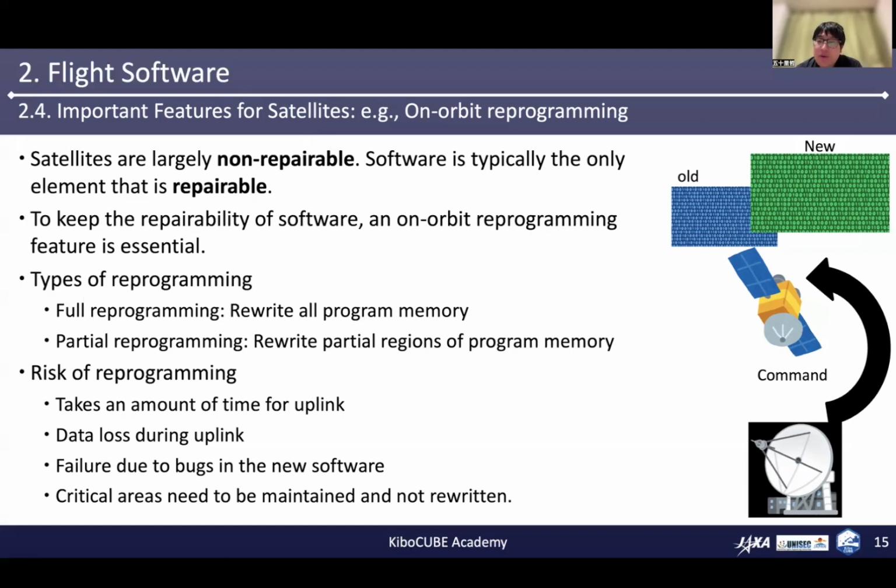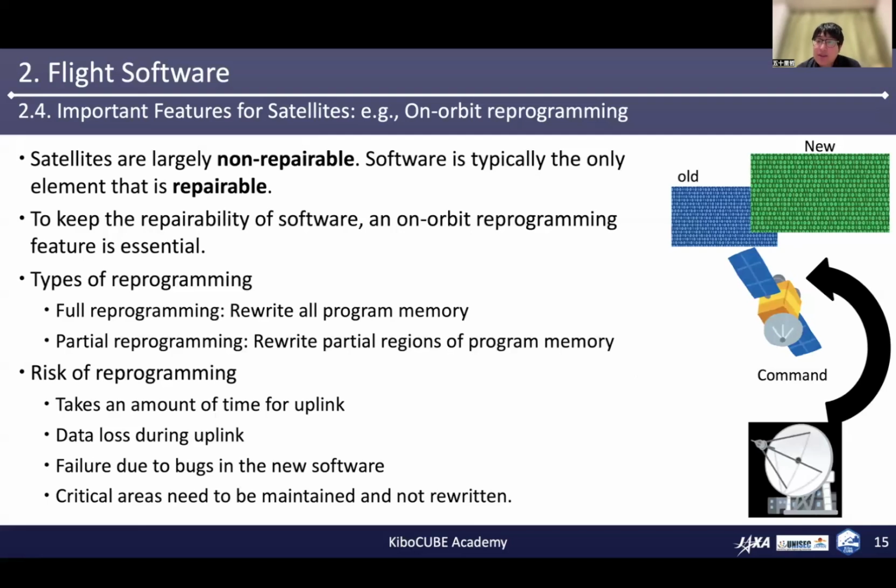And of course, full reprogramming is more flexible, but high risk. And partial reprogramming is lower risk and lower flexibility. So we need to carefully consider the risk of reprogramming and select which type of reprogramming we should use. We need an amount of time for the uplink of the new program data, and of course we need to care about data loss during the uplink.